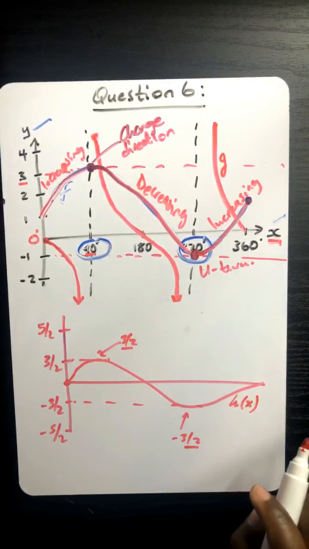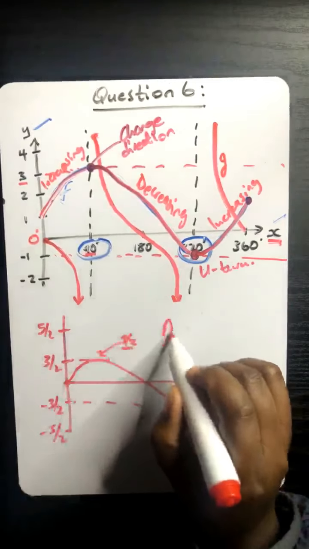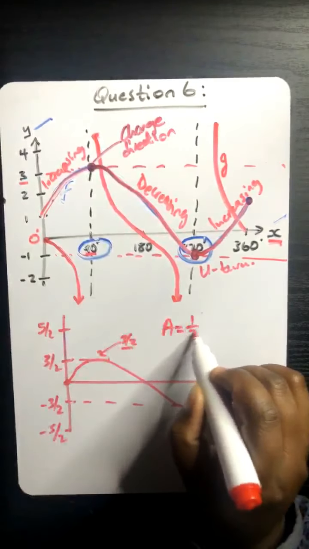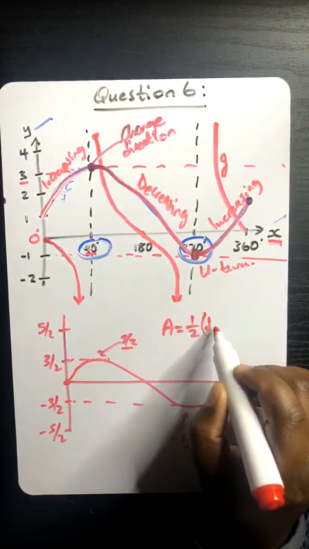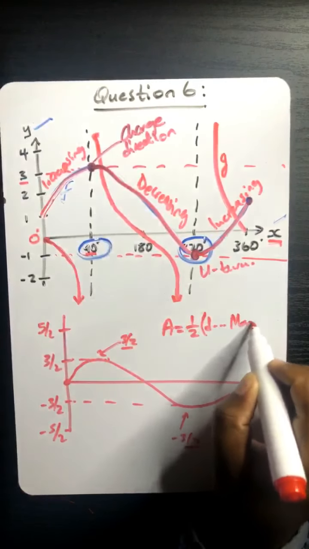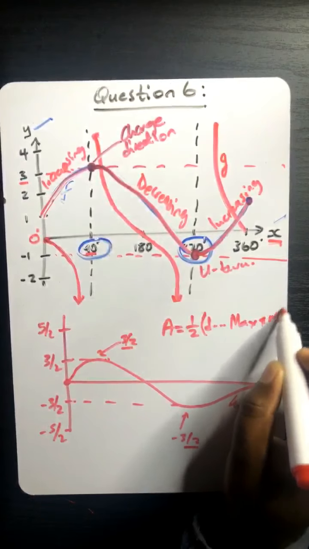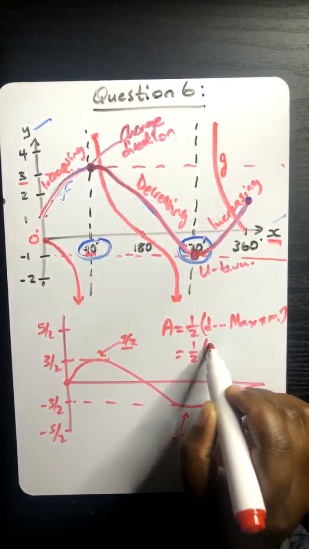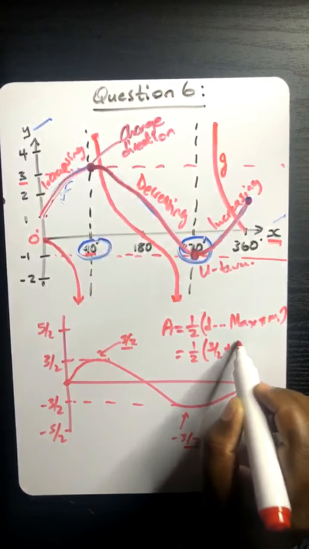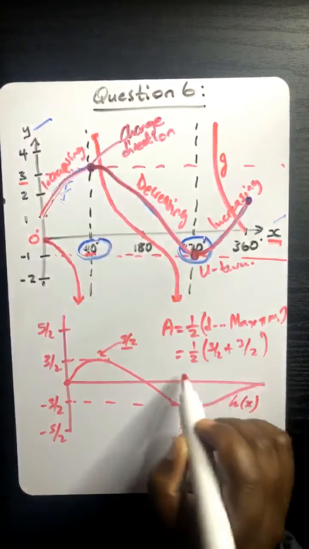Okay, it's fine. So when you calculate the amplitude, Hamisa, we just know that the amplitude is half of the distance between max and min. So you just substitute and say 1 over 2 is going to be 3 over 2 plus 3 over 2.